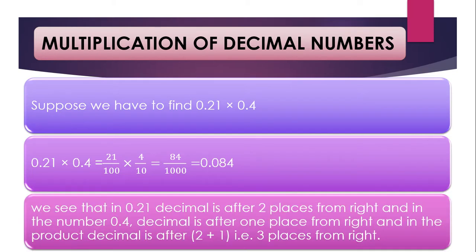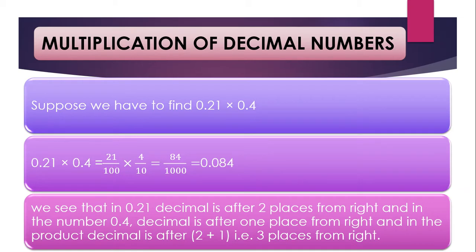We see that in 0.21 the decimal is after 2 places from the right, and in the number 0.4 the decimal is after 1 place from the right, and in the product the decimal is after 2 plus 1, that is 3 places from the right. So we write 0.084.